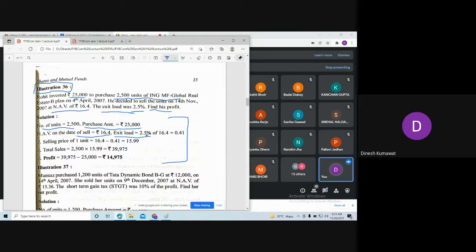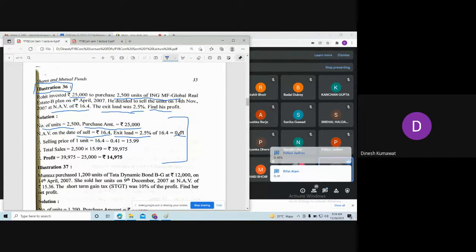So 2.5% of 16.4 is nothing but 0.41. So please check whether you are getting the same or not. Yes, so you are getting the same. Okay, so this is all about the exit load.